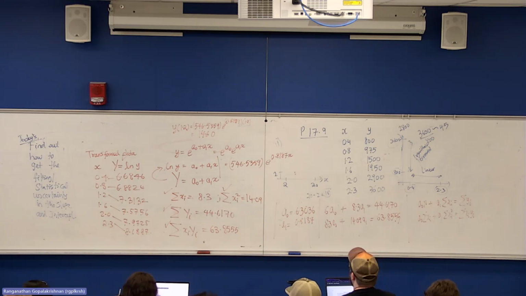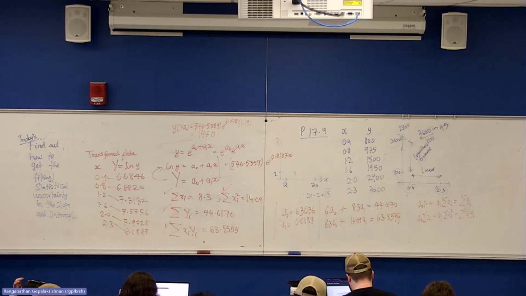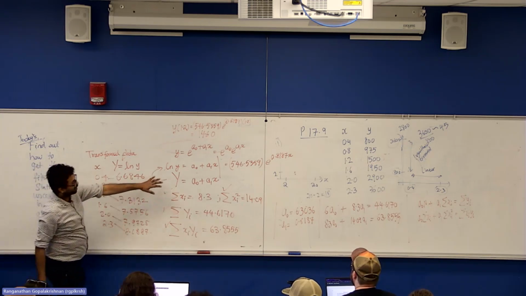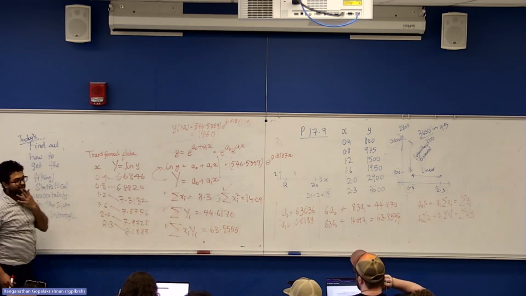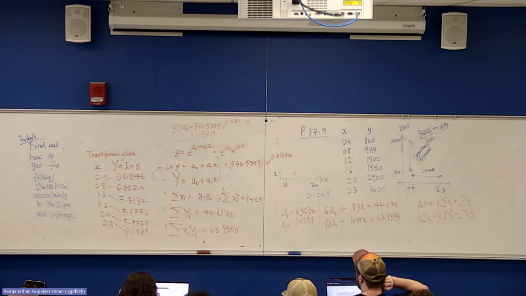We'll do one more problem before we start discussing goodness of fit and how to judge whether a fit is to be accepted or rejected. We'll do one more problem in solving for A0 and A1 before we get to questions. Something not clear?